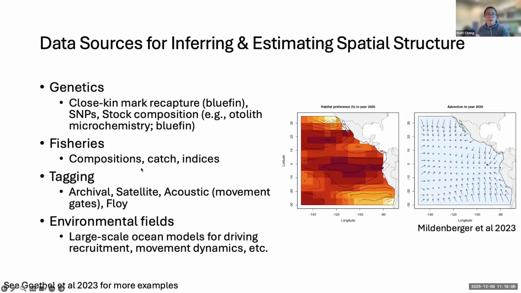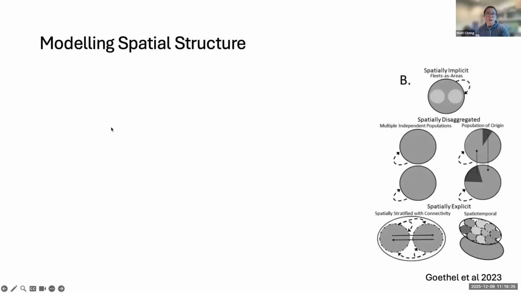And the last somewhat unique data source is environmental fields, which is typically used in some of our more fine scale spatial models to help drive movement or recruitment dynamics. So there's a couple ways we can model either implicitly or explicitly spatial structure.